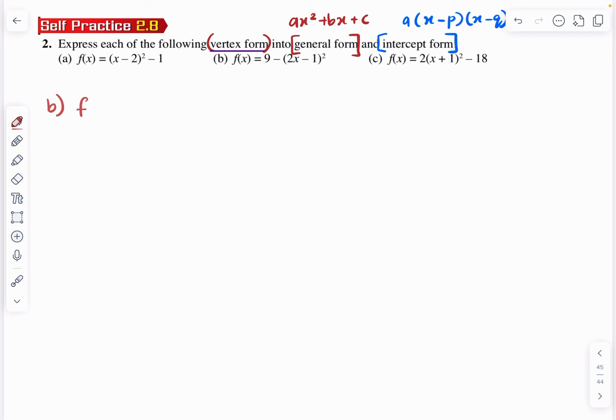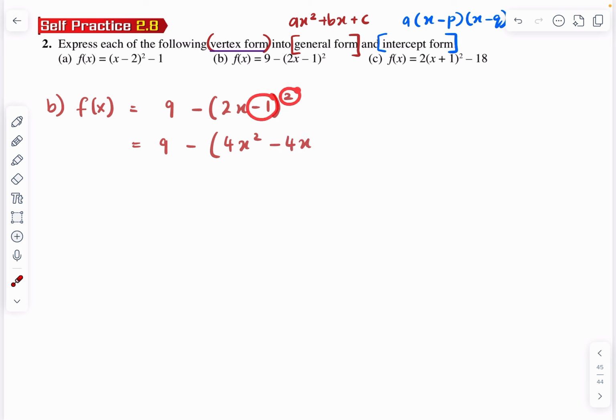Same thing, we expand this. So 9 − (2x − 1)². Expanding this will give us 2x squared, which is 4x². 2 times 2x, 4x, times negative 1, negative 4x.